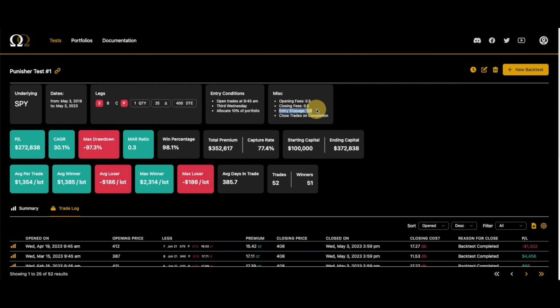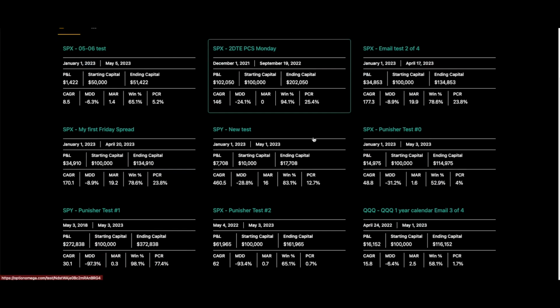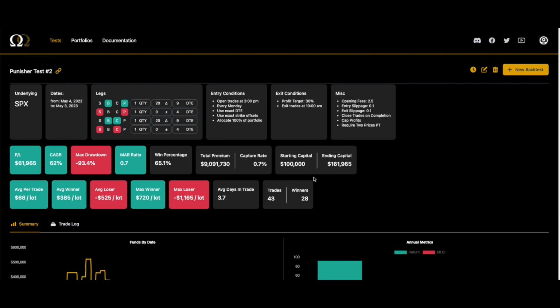So the point of this is just to say, hey, when I looked at this recently, the bid-ask was about $2 wide. So 60 cent slippage might be a little much, or that might be an appropriate amount. So the point in showing you that test and also this one is just that you want to try to model the accurate slippage.